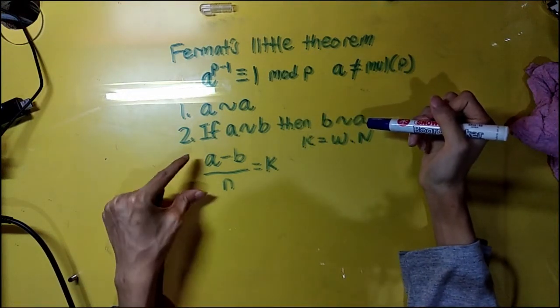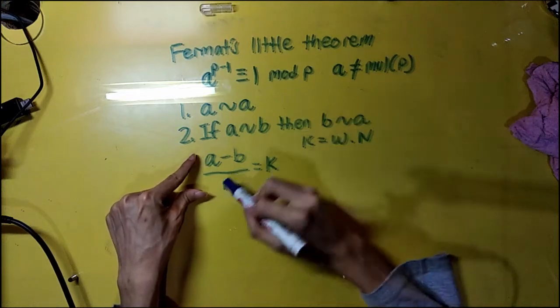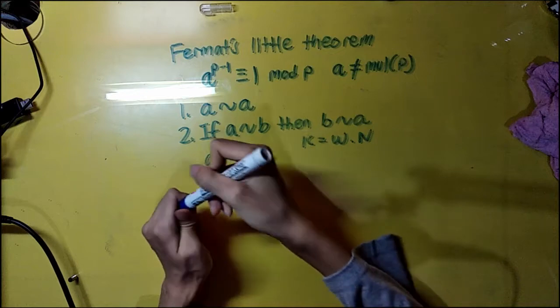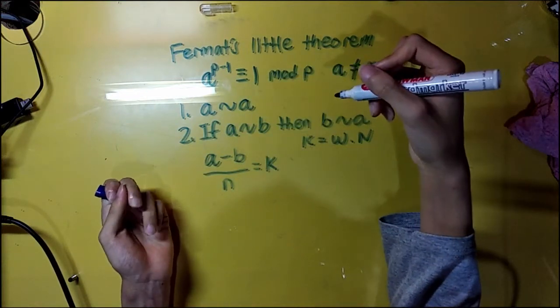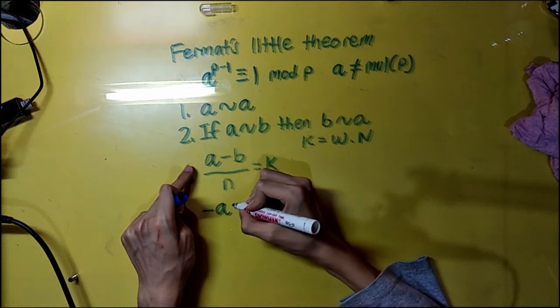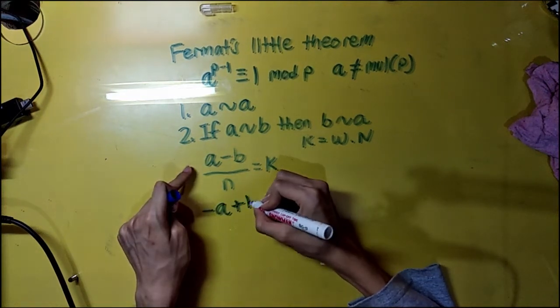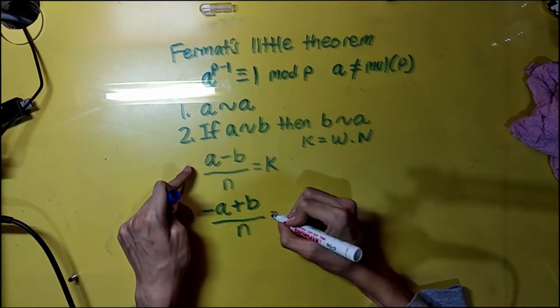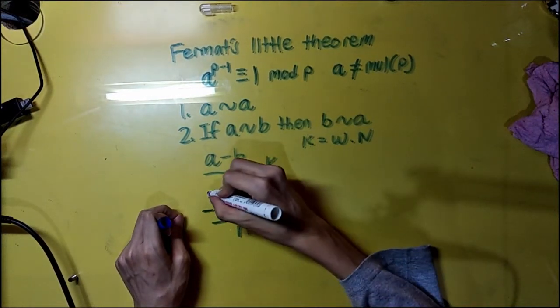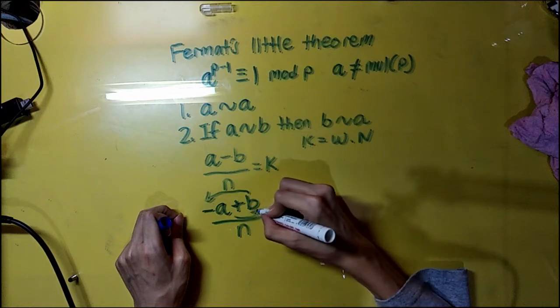Well, what if we multiply this statement here by -1? If we multiply it out by -1, we're going to get negative A plus B, divided by n is equal to -k. Well, we can essentially move this here and move the A there, right?